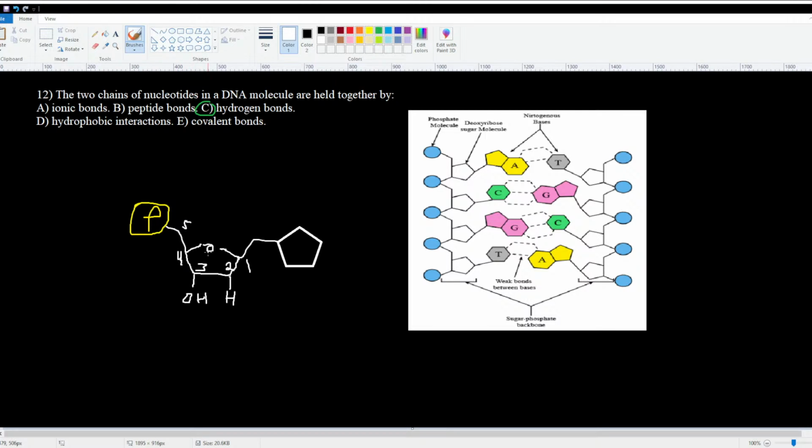We number them going clockwise. In DNA, the 2' carbon has a hydrogen instead of an OH. This is your sugar group, this is your phosphate group, and this is your nitrogenous base.